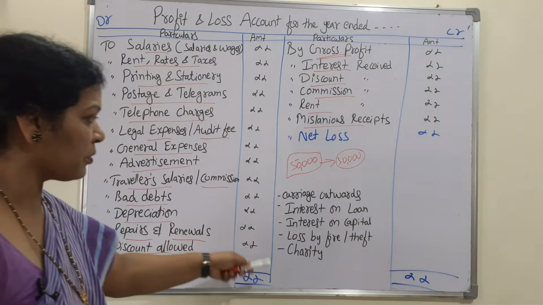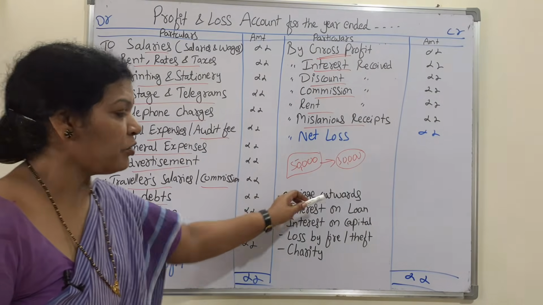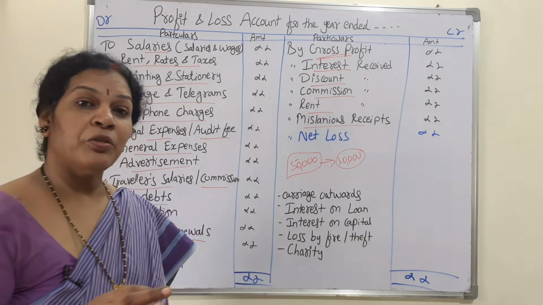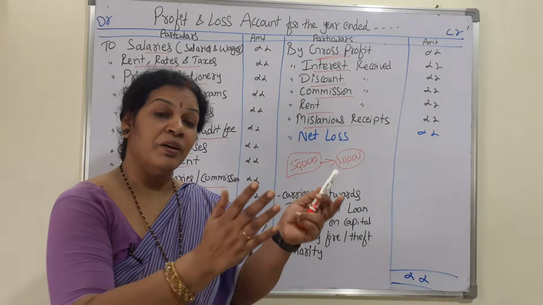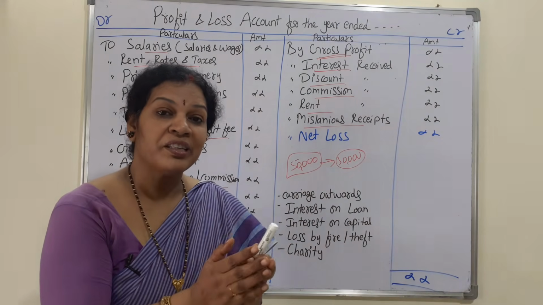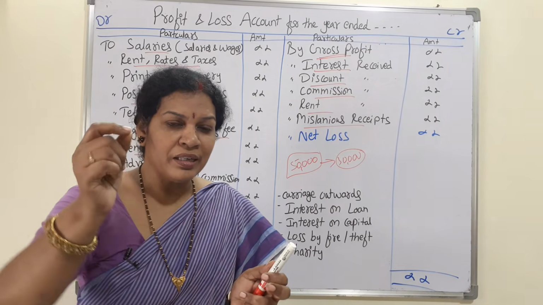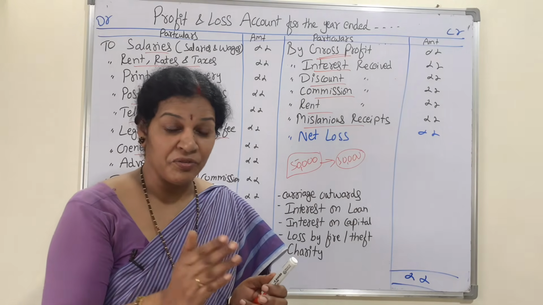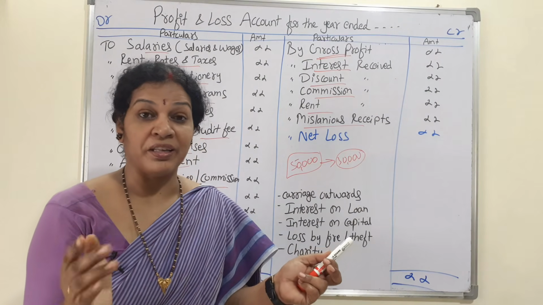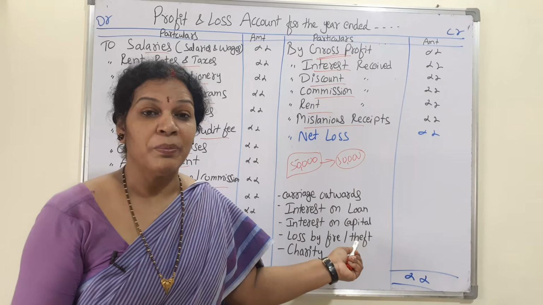In the same way, some more expenses; place is not there, so I am writing here carriage outwards. Carriage is the transportation. Carriage outwards means once the product reaches the office, from the office until it reaches the customer, there in between a lot of transportation will be there. That transportation we call carriage outwards. Who will pay? Office will pay.